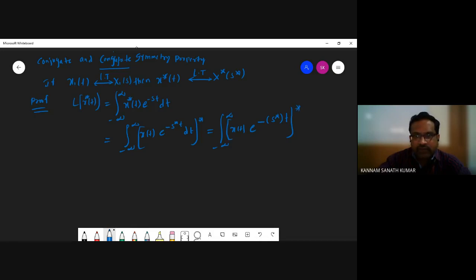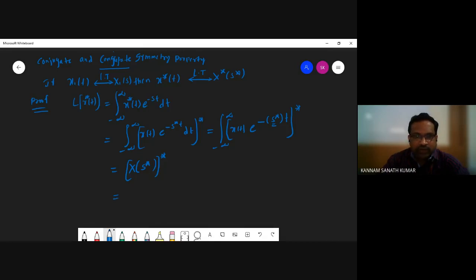Whatever value is present in s, you will get in this bracket, so you have s star. So this is nothing but X of s star, again whole conjugate.